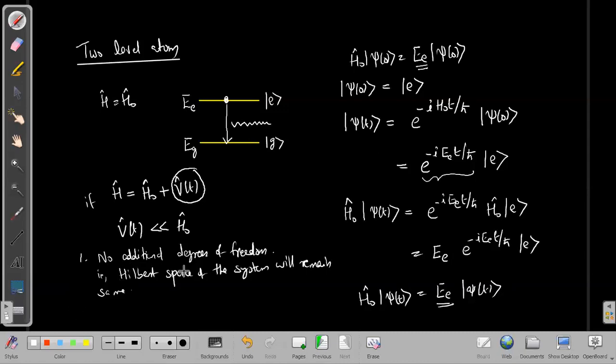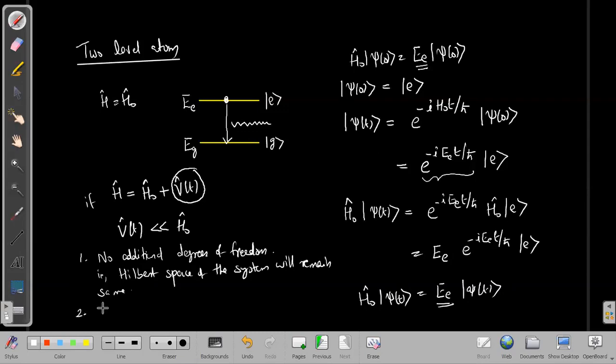And hence we can use the same Hilbert space. So there is no need to introduce new basis states. We can use the basis states of H0 as the complete basis.